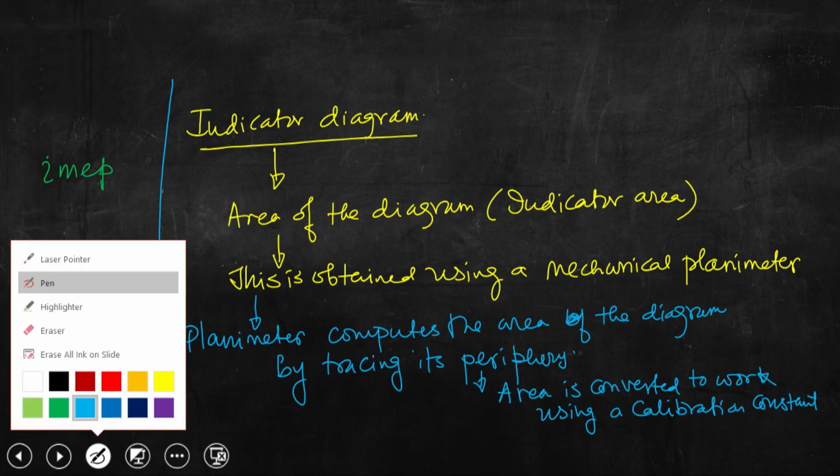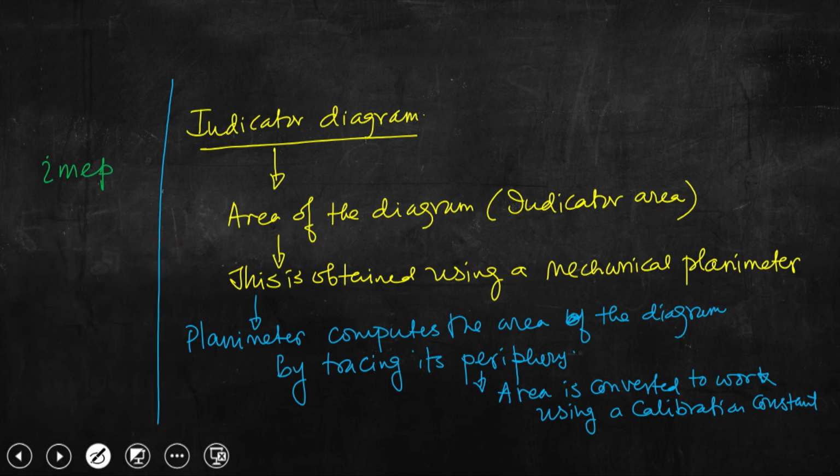So, the IMEP is essentially, we know the area obtained by this mechanical planimeter, divided by the length of the indicator card, that is LD. So, this LD is the length of the card. This AP is the area of the indicator diagram.